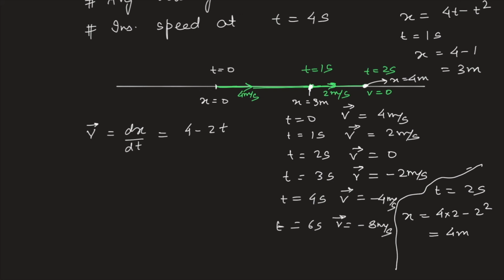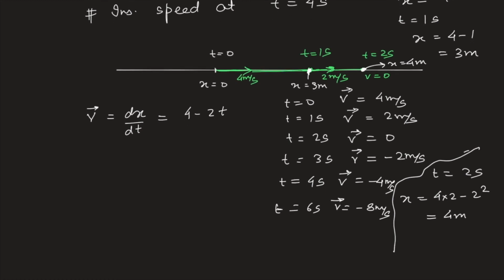So let me draw this diagram so that I can help you understand in a clean and clear format. So let's see. This is our straight line. At t equals 0, the particle starts from x equals 0, moving with 4 meter per second.